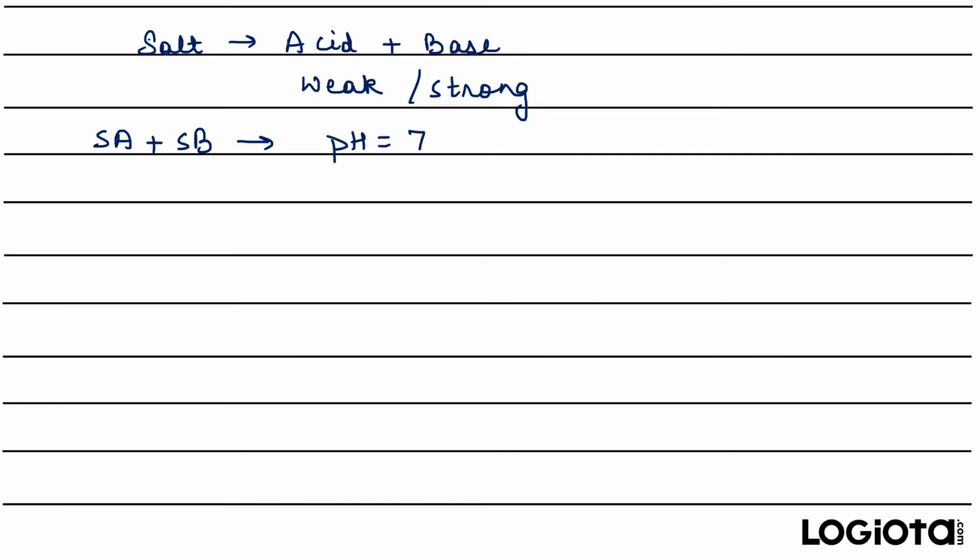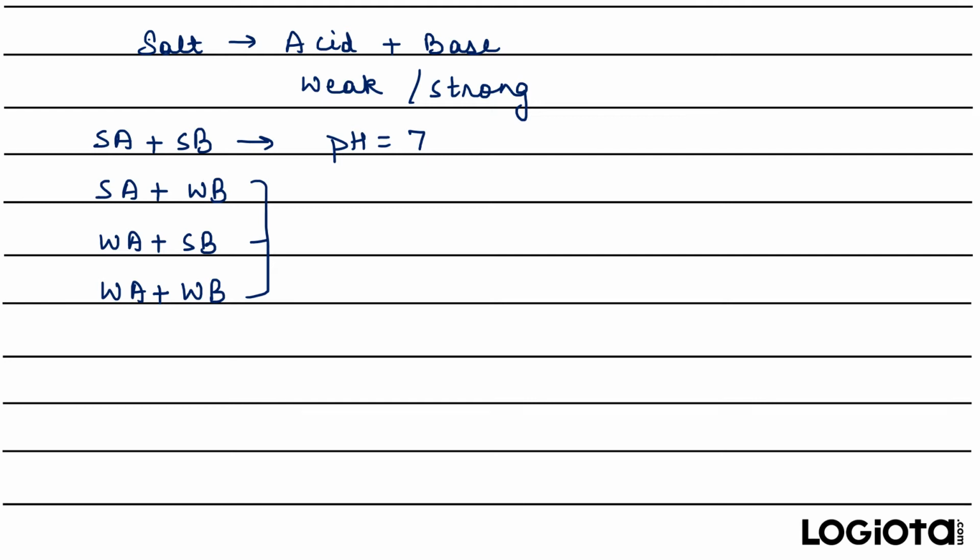But for other cases, like strong acid and weak base, weak acid and strong base, and weak acid and weak base salts, the pH is not exactly equal to 7. For these cases, we need to calculate the pH.